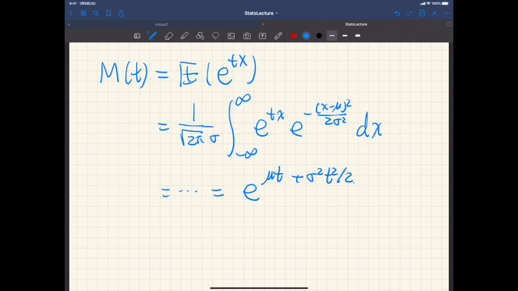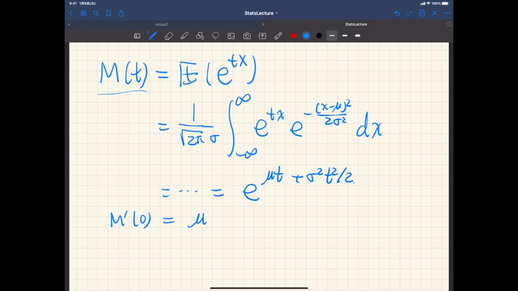And of course, you can use this moment generating function to calculate the value of mu and the variance, right? If you differentiate this function and put t equal to 0, you should have mu.